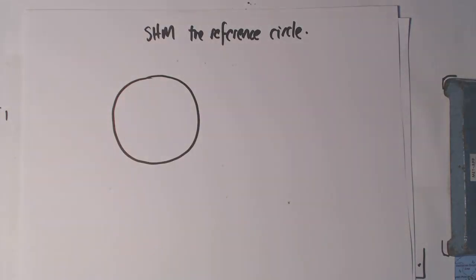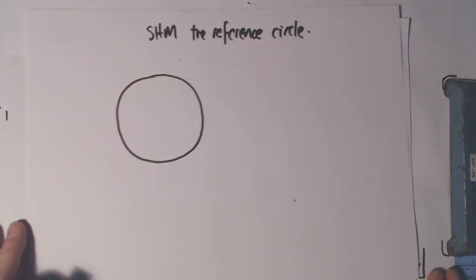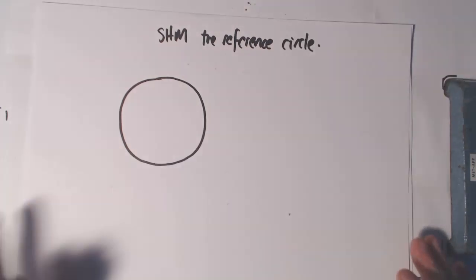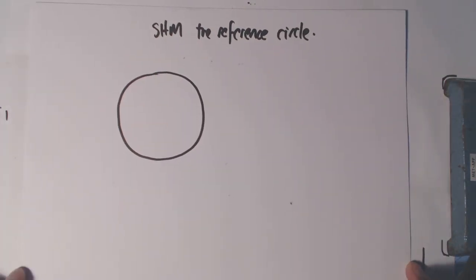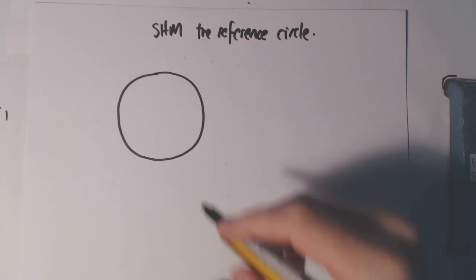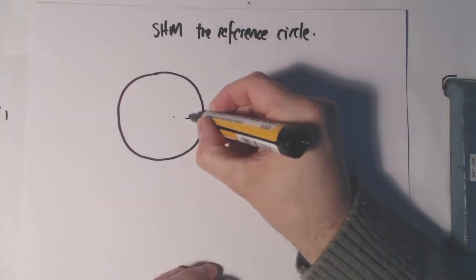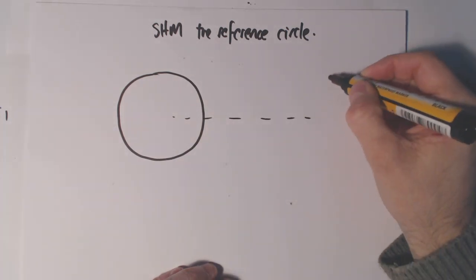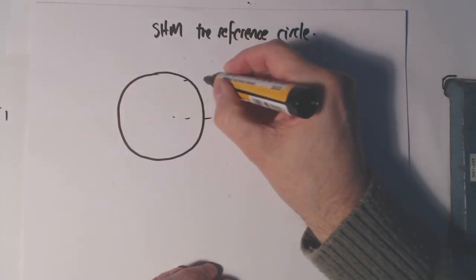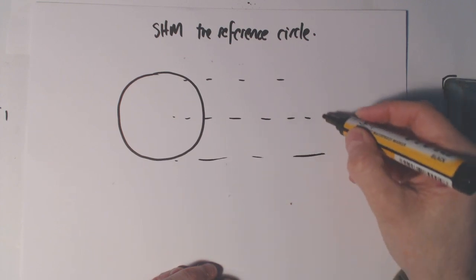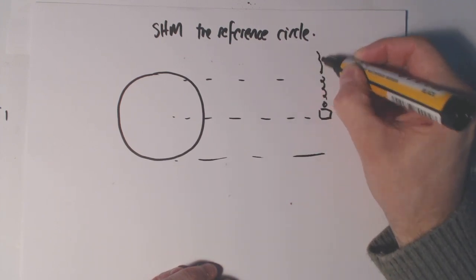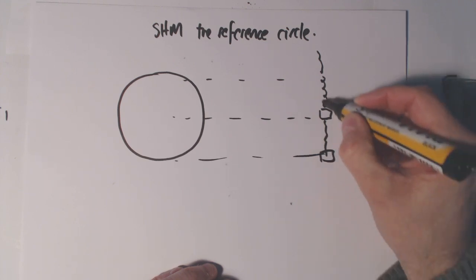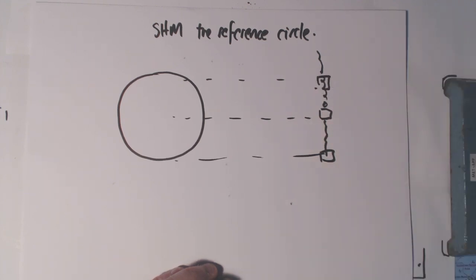So that's our circle, and I'm calling it a reference circle. It is a mathematical tool that's going to enable us to determine these equations and get it right every time. Now, it's all based on a fairly strange thing, which is that if we've got a mass bouncing up and down on a spring, and this is the equilibrium point, and it bounces all the way down to that at its extreme, and it starts at that point.